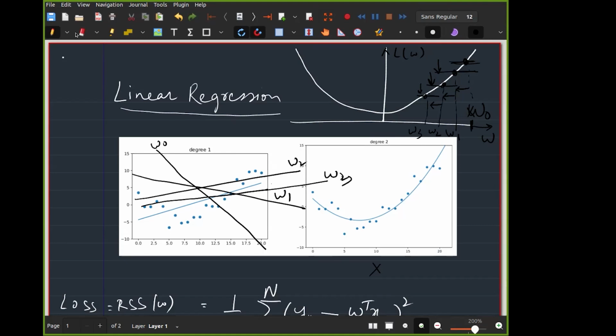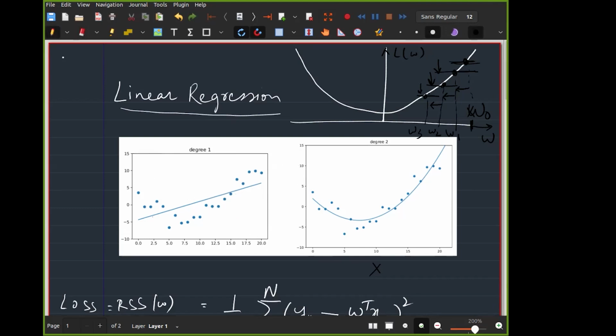And eventually what will happen is I'll get really close to this blue line, and this is my W hat final, or in terms of the optimization problem, this is my W star, right? So that's the process of doing gradient descent if you wanted to do gradient descent.